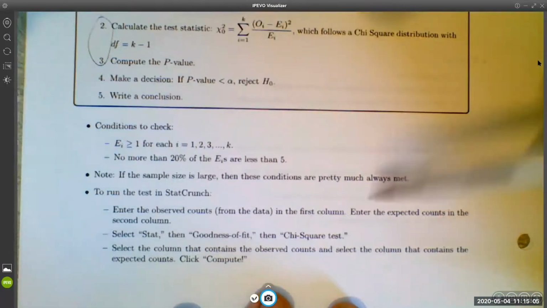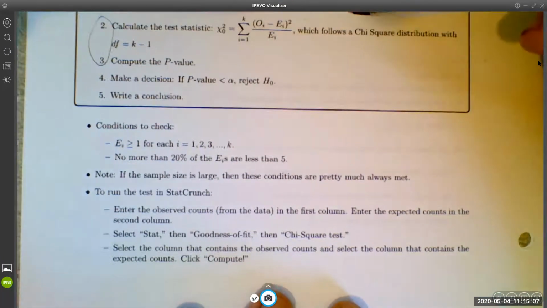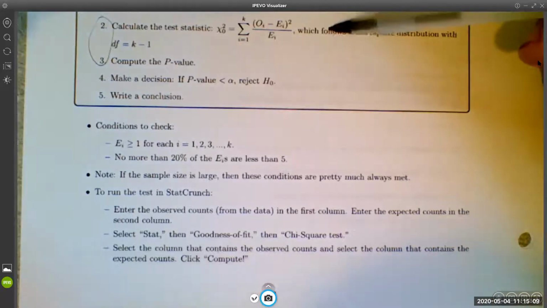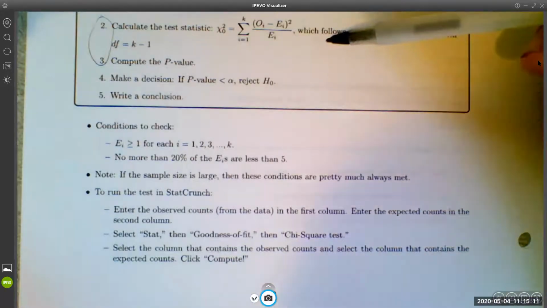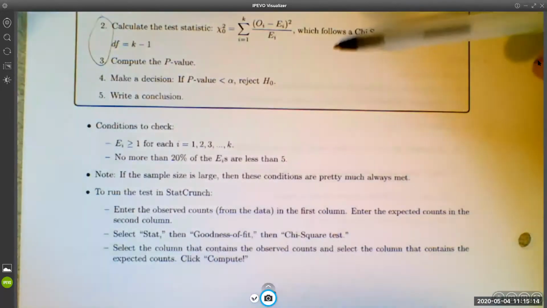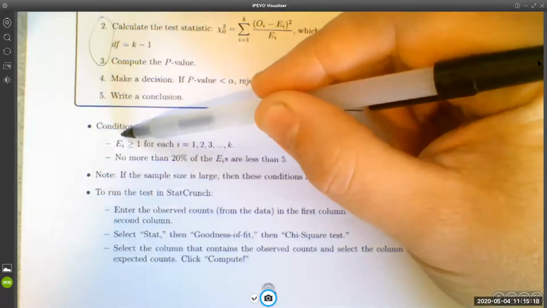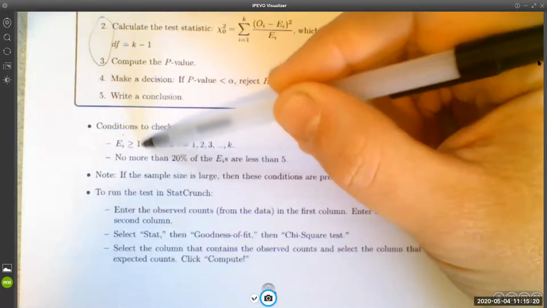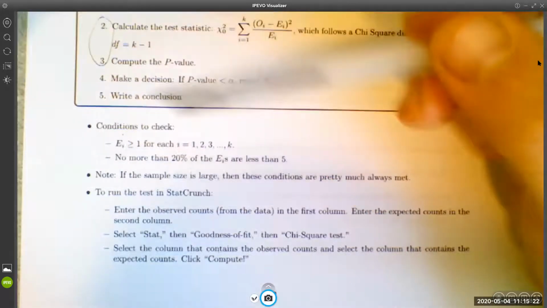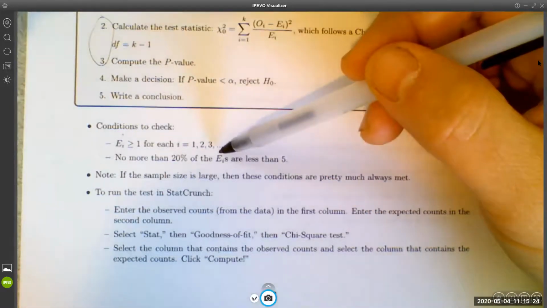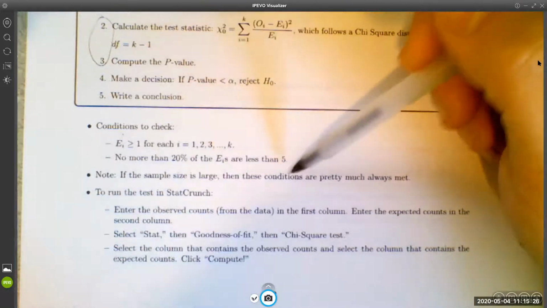As always, there are conditions that you have to check in order to run this test. And as always, I'm not going to emphasize these very much. But just for your information, the expected values all need to be at least 1, and 80% of the expected values need to be at least 5.